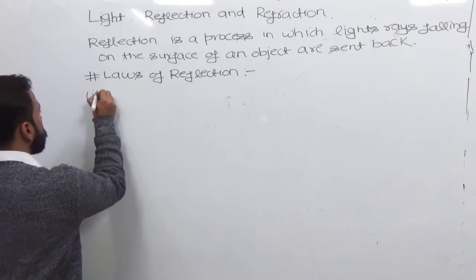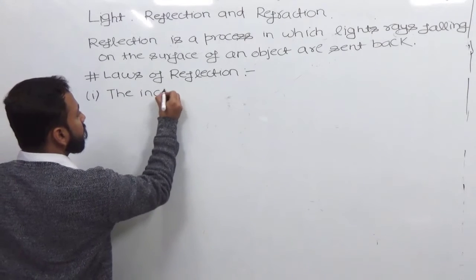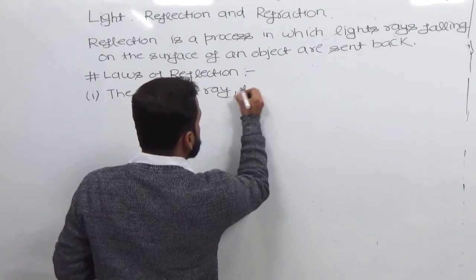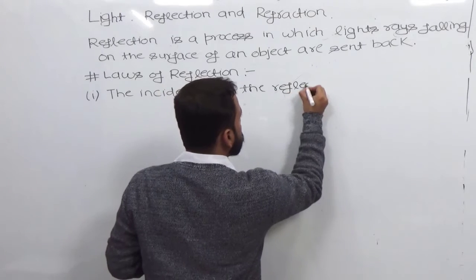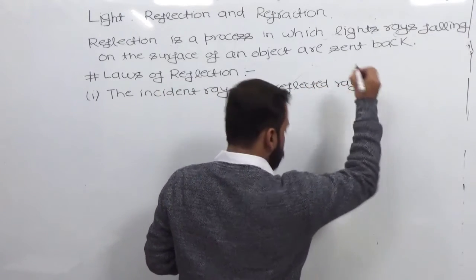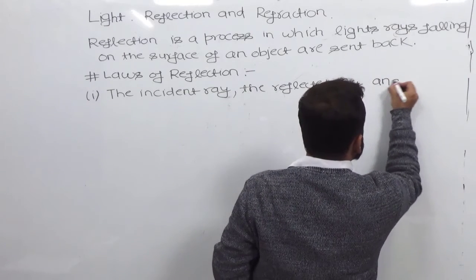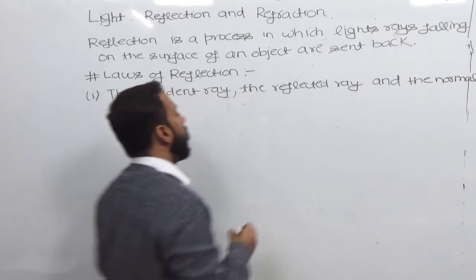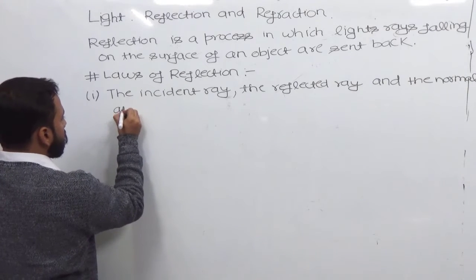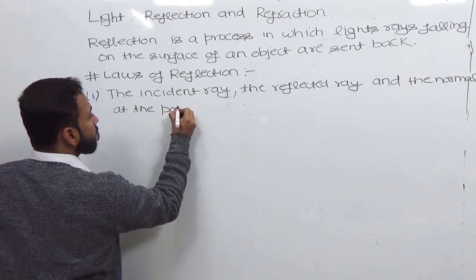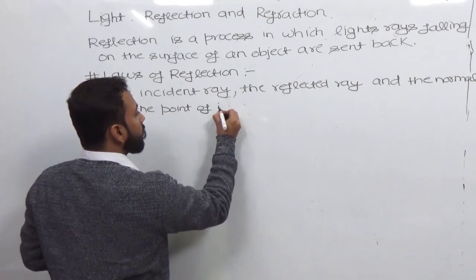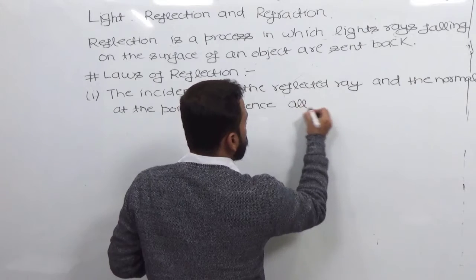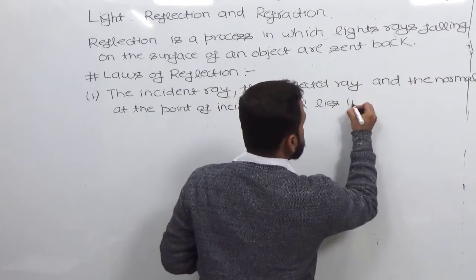The first law is: the incident ray, the reflected ray, and the normal at the point of incidence all lie in the same plane.